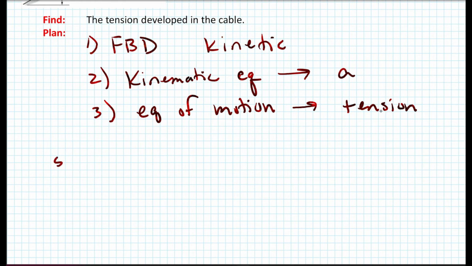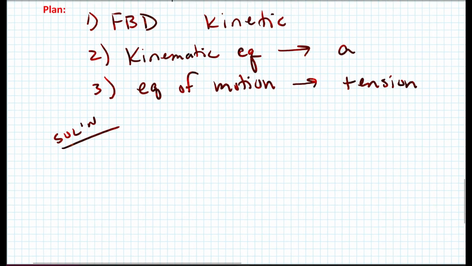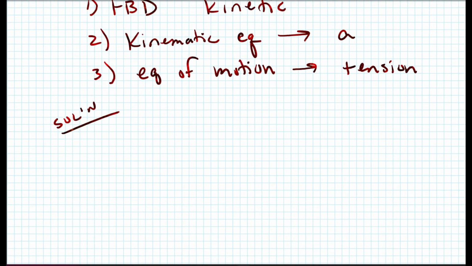As far as our solution, we'll draw the free body diagram and kinetic diagrams of the crate. If we take a look at it, it's going like this. I'll have the X right here and the Y right there, and this is at 30 degrees. That's given.